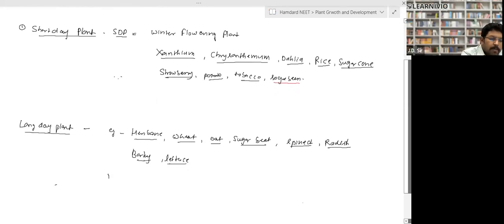Next, long day plant. They are summer and autumn flowering plants. They require long photoperiod for floral initiation.